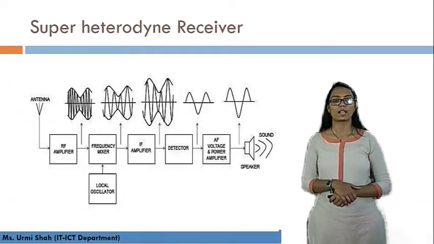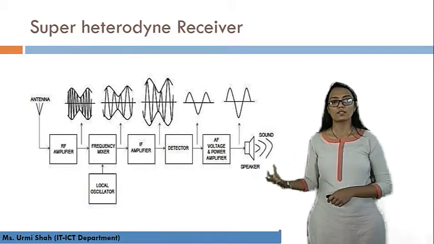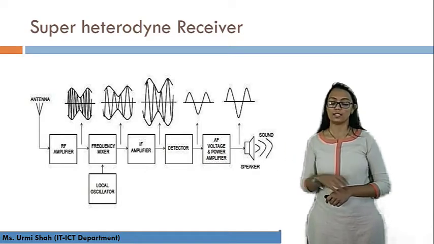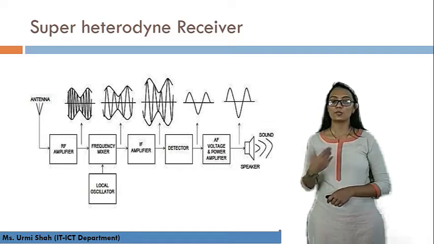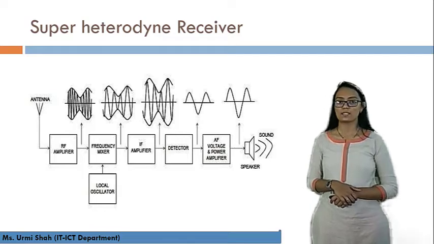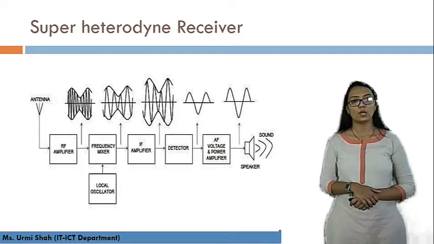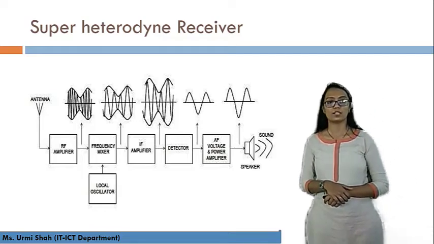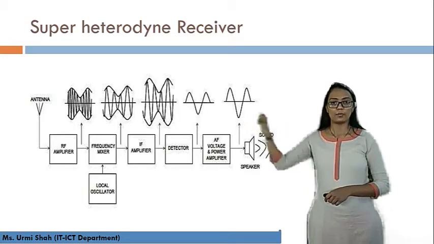Now further, let's understand what is the super heterodyne receiver, where it is used and how it is different from the TRF receiver. Basically, the super heterodyne receiver has an antenna block.